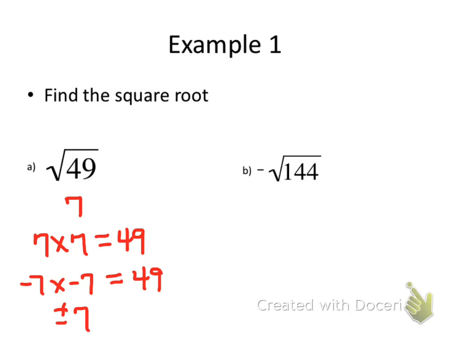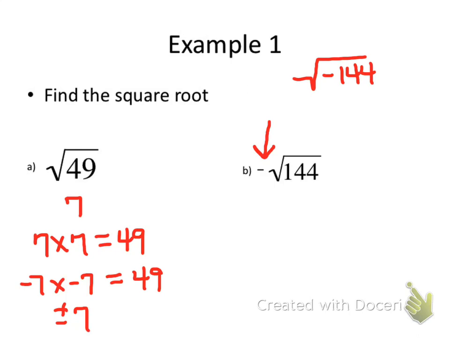If you look at B, notice how there is a negative sign outside the radical symbol. This is because you cannot take the square root of a negative number. You would never see anything written like this. And the reason that's not allowed is because 12 times 12 is a positive 144, just like a negative 12 times negative 12 is a positive 144.